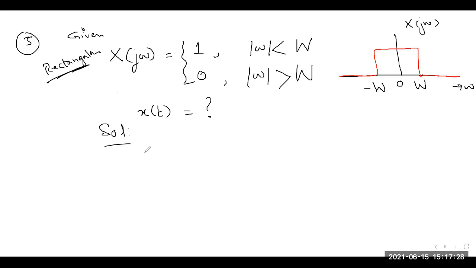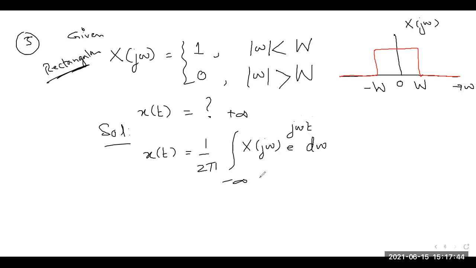So it means we need to make use of the inverse Fourier transform expression that we have derived, which is this one. So let me substitute the limits. From minus W to plus W, this signal is equal to 1. So we get this thing.